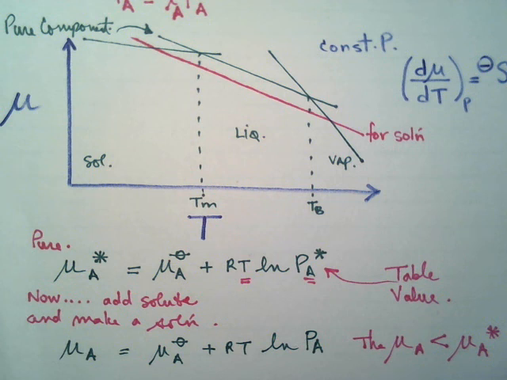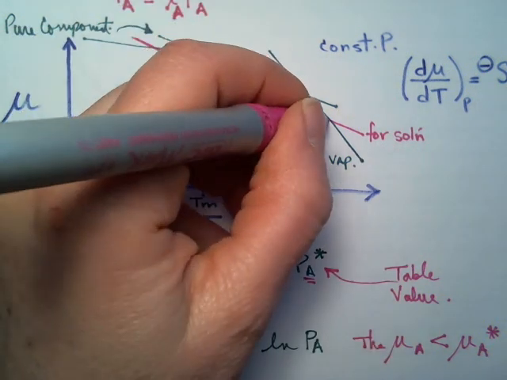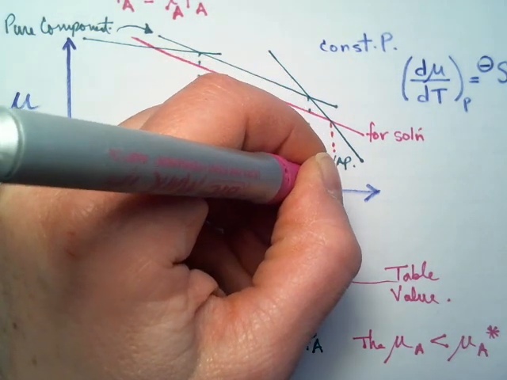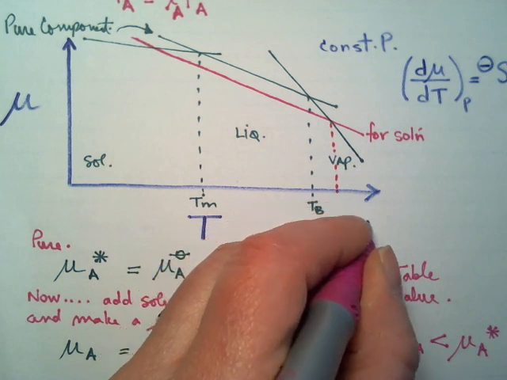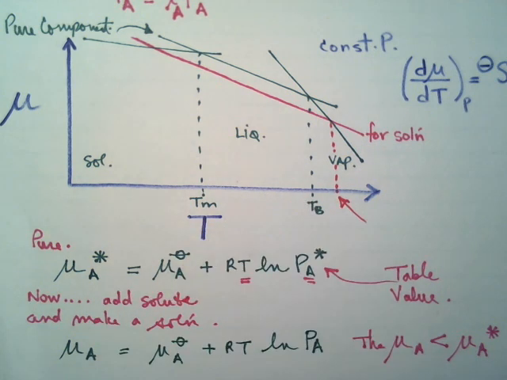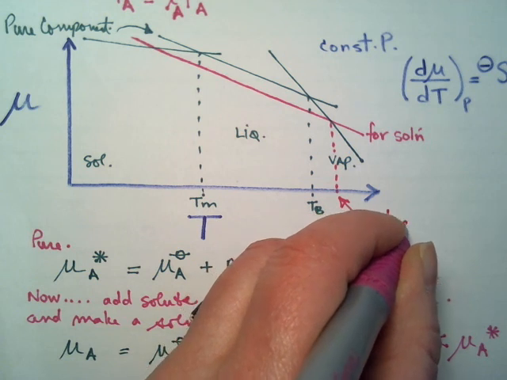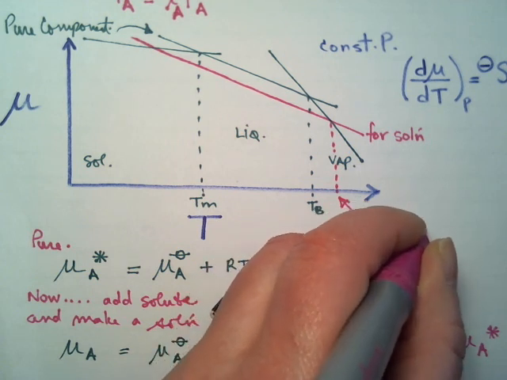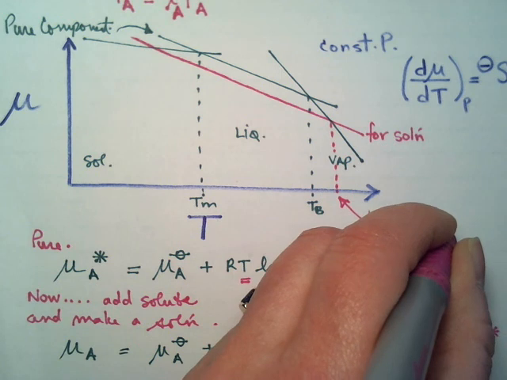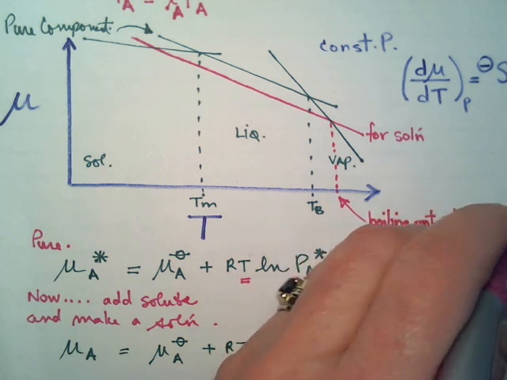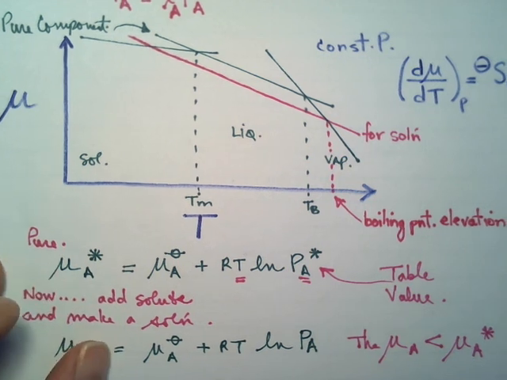Yeah, it's now boiling at a higher temperature. See these lines? So I get what's called a boiling point elevation. That's one of the so-called colligative properties.